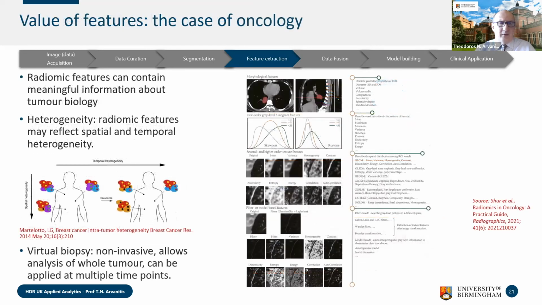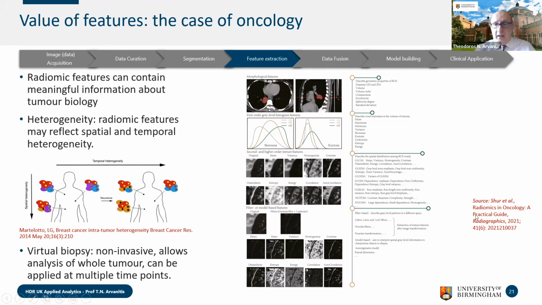So different features, radiomic features, can contain different meaningful information about the tumor biology. And there is a very interesting piece of work that has happened, not only in brain tumors, but in breast cancer.